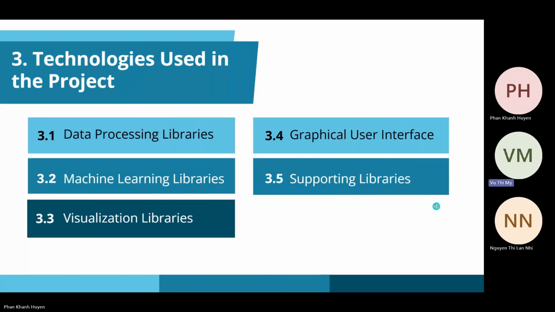Now let's explore the technology we use to make this project a reality. The technology integrates data processing libraries, machine learning libraries, visualization libraries, a graphical user interface, and supporting libraries.